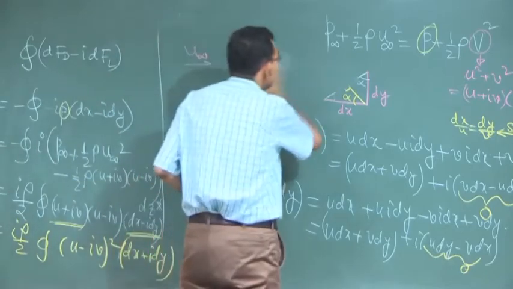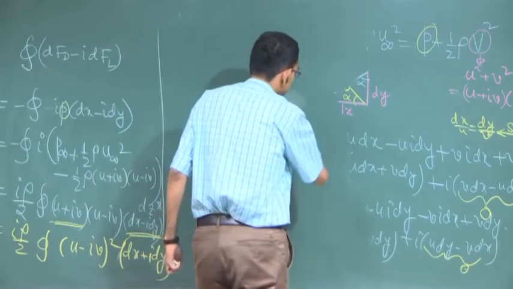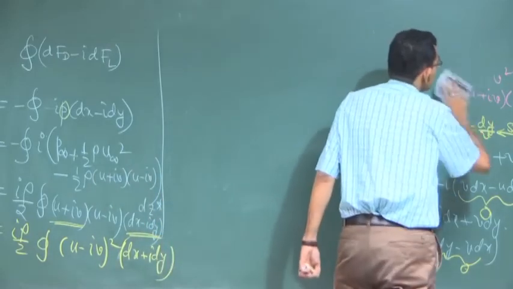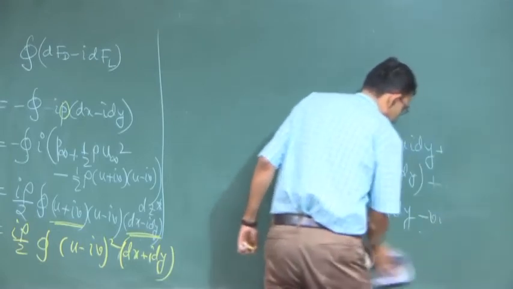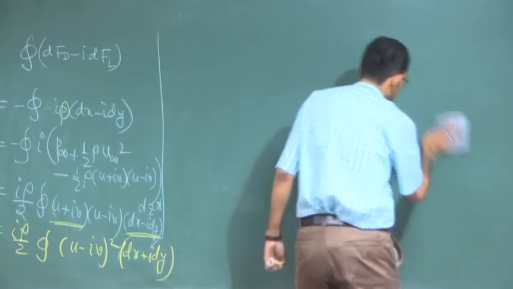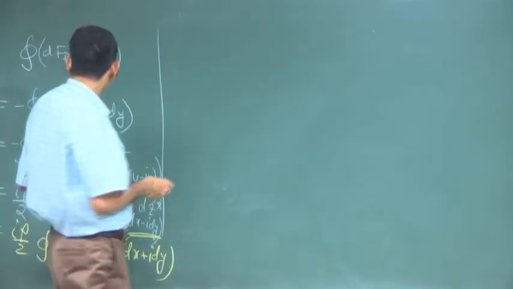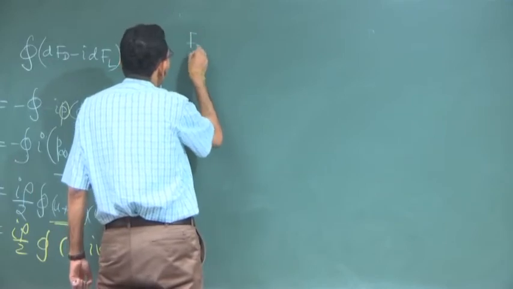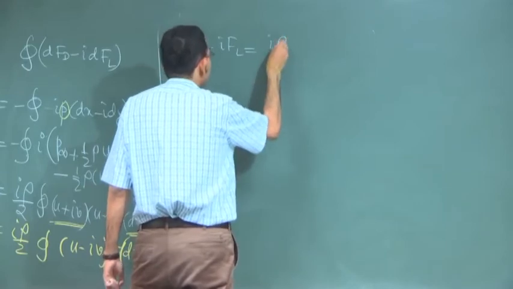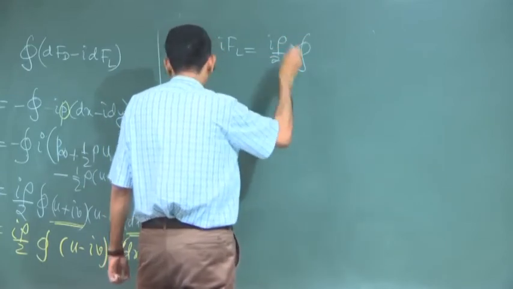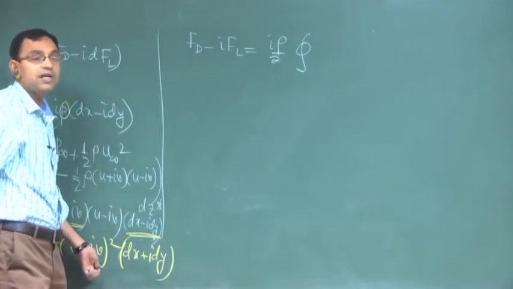Therefore, the net result is the following. So, F_D minus i F_L is equal to i rho by 2 contour integral (u minus i v) is what? (df/dz) squared dz.